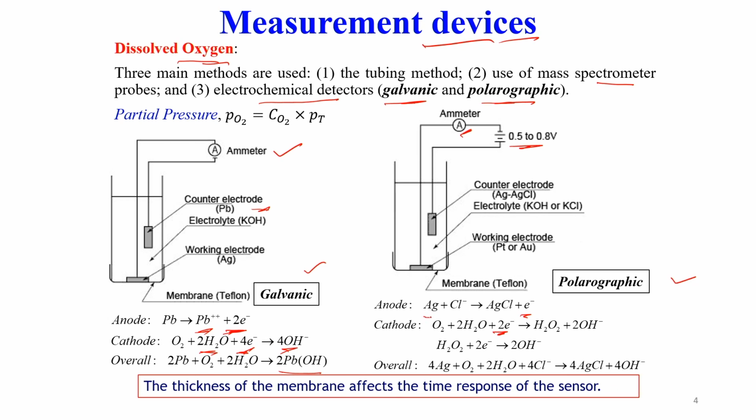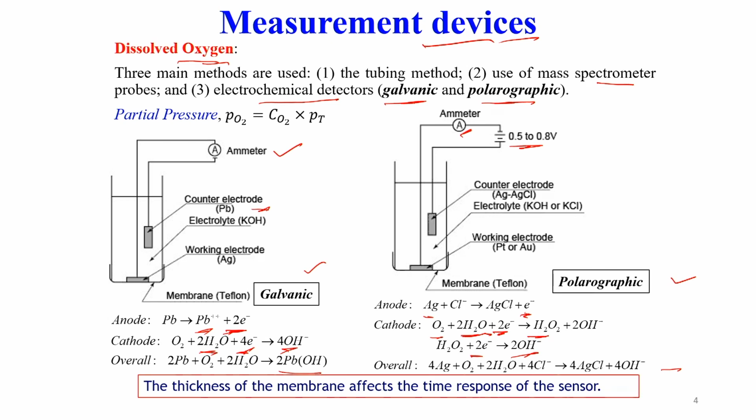Similarly, here also at the anode Ag combines with Cl-, it becomes AgCl, and 1 electron is released. At the cathode water combines with electron and oxygen, it becomes H2O2, and H2O2 further combines with electron to form OH-. So, this is the overall reaction.